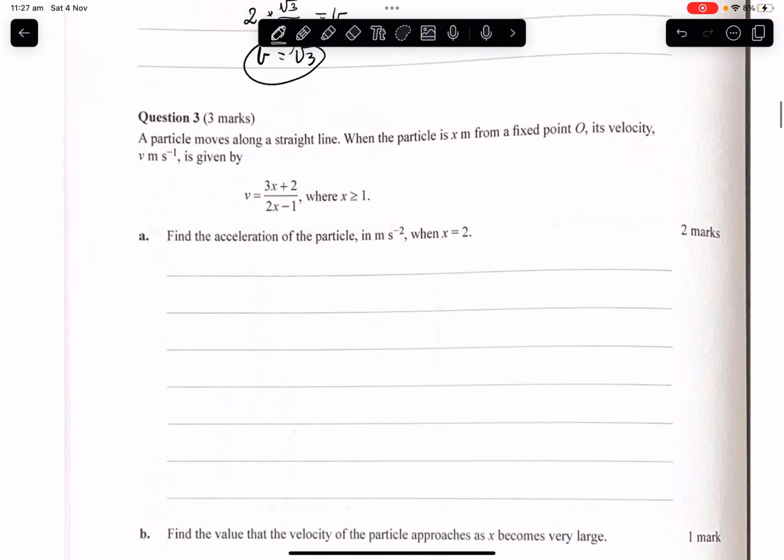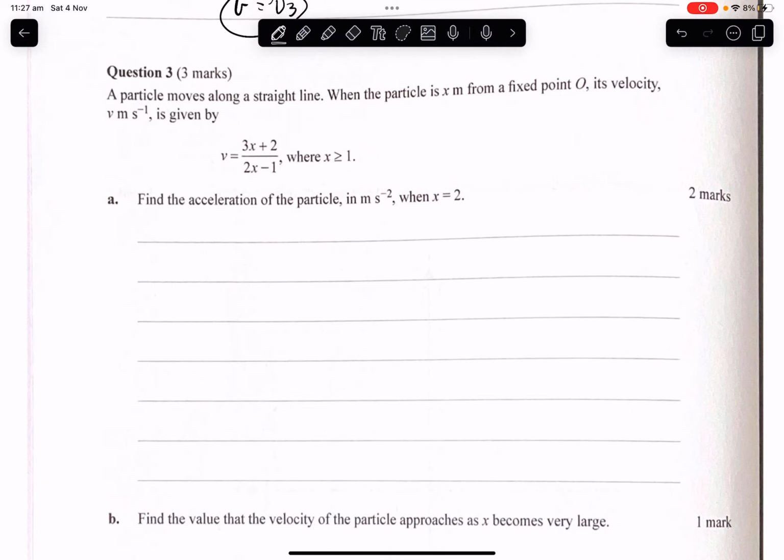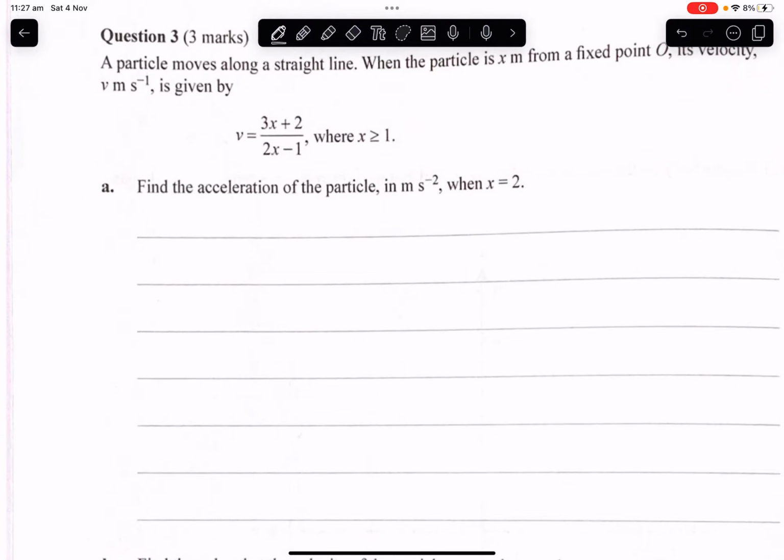A particle moves along a straight line when the particle is x meters from a fixed point O, the velocity. So here you've got v in terms of x, and they want you to find the acceleration. So you can use v dv/dx. I'll just find dv/dx first.